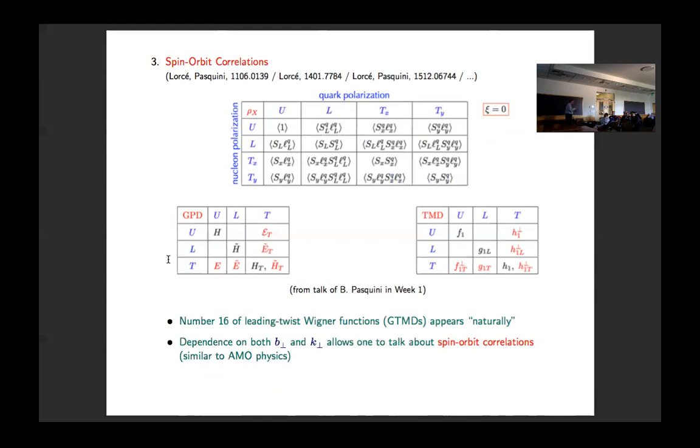While for TMDs, you have spin of the nucleon, spin of the parton, and the momentum of the parton. While a true spin-orbit correlation involves the orbital angular momentum of an object, and this is exactly what you can have if you have b perp and k perp. And I think this gives us an opportunity to, quote-unquote, communicate with other areas like AMO physics. So here we have 3 spin-orbit correlations, if we talk at this level, differential in b perp and k perp.